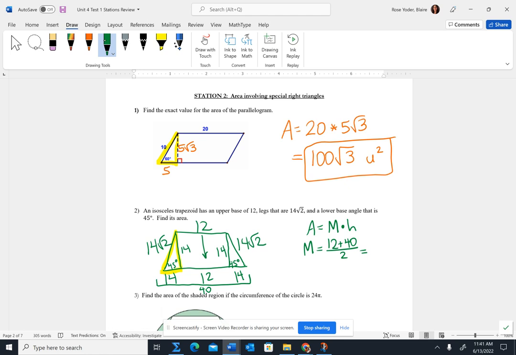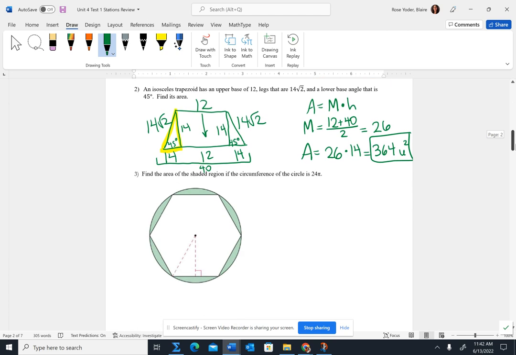It should be 52 divided by 2 is 26. And then to find the area of the trapezoid, we'll take that 26 and multiply it by the height of the trapezoid. Which number is the height? It should be 14. And let me grab my calculator to do 26 times 14, and that's an area of 364 square units.